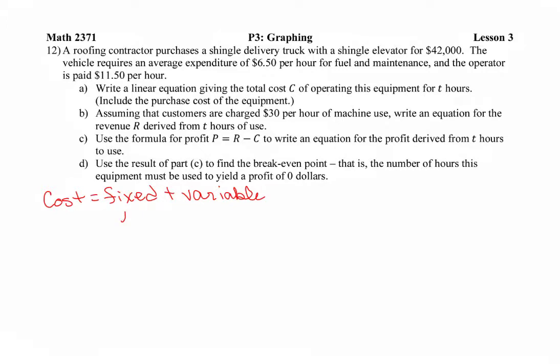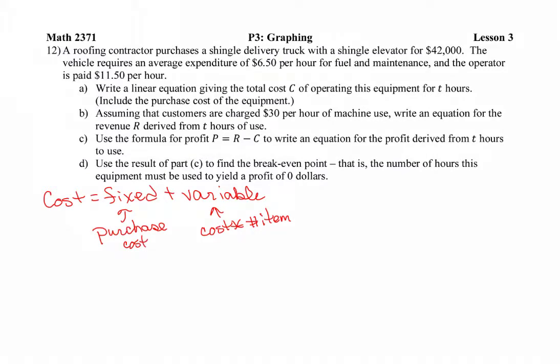Fixed cost is the same thing as the purchase amount, so it's how much you purchased it for. And variable is the cost times the number per item.